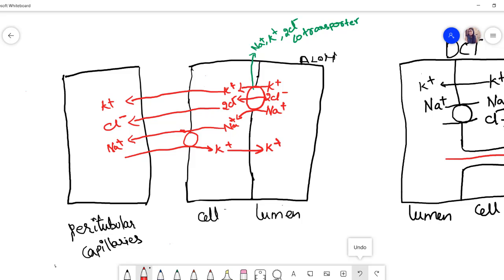But we have sodium, right? When there is sodium, potassium won't be there. So instead this potassium will come back to our lumen in the tubules. Okay, descending loop of Henle.